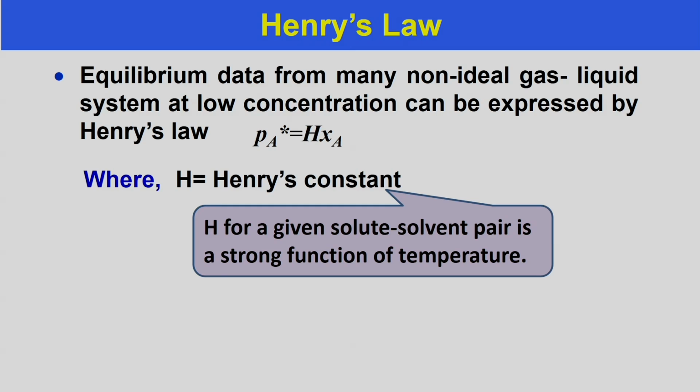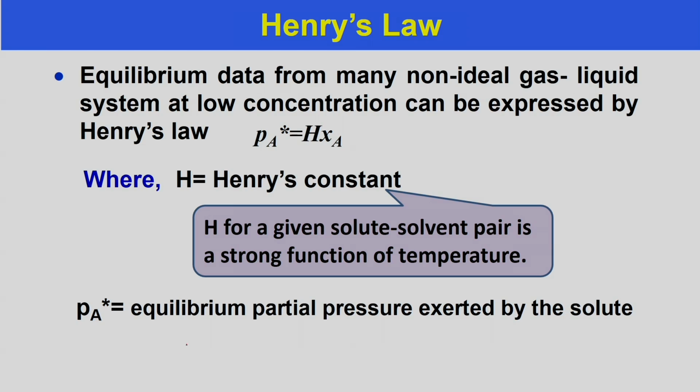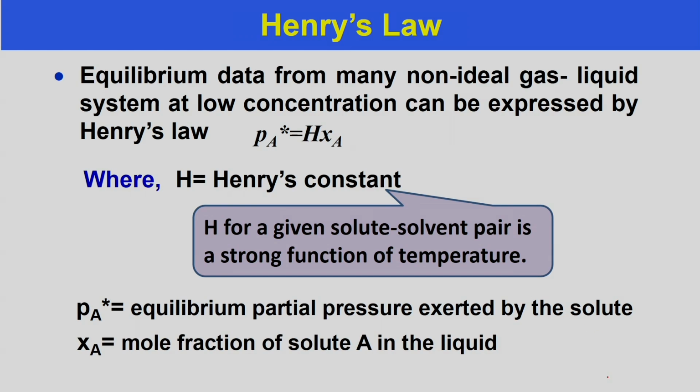P A star is the equilibrium partial pressure exerted by the solute, and x A is the mole fraction of solute in the liquid. So we can correlate the equilibrium partial pressure of the solute with its mole fraction in the liquid phase.